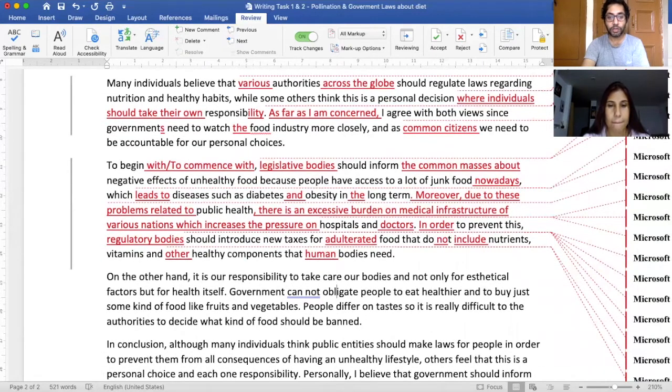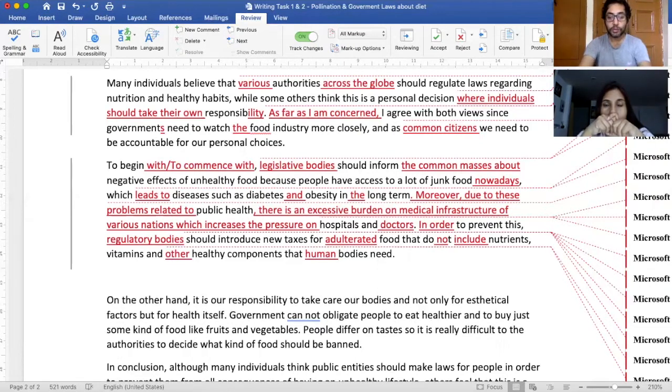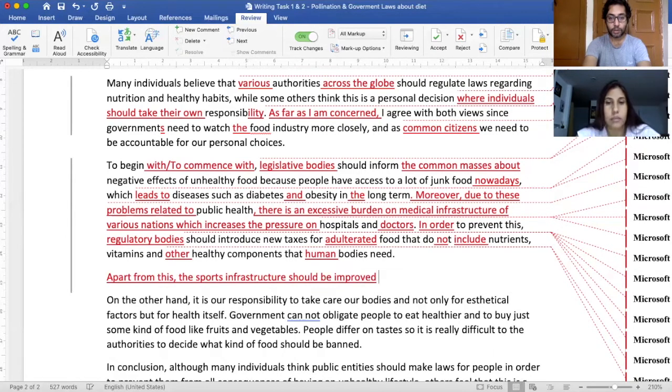Apart from this, government should also do many other things. We discussed they should build gymnasiums, parks. You remember? So why didn't you write that, so that people can exercise? Apart from this, the health and sports infrastructure should be improved in several nations.